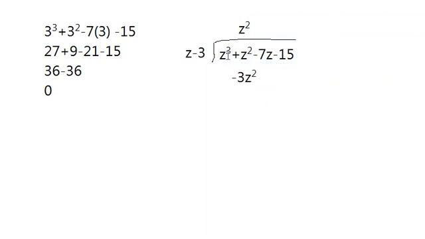Now you do the first minus the other, so you get 4z squared. Then you have another minus 7z, and up here you need to do a plus 4.